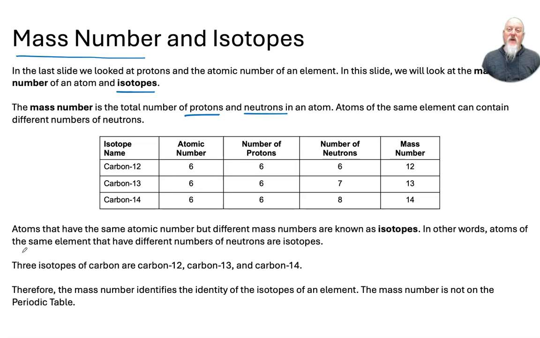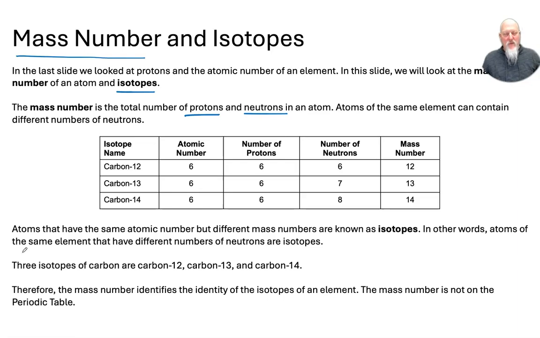That means every carbon atom has 6 protons, but carbon atoms can have different numbers of neutrons. Okay, neutrons are neutral, so they don't affect the charge. They don't affect the number of electrons.